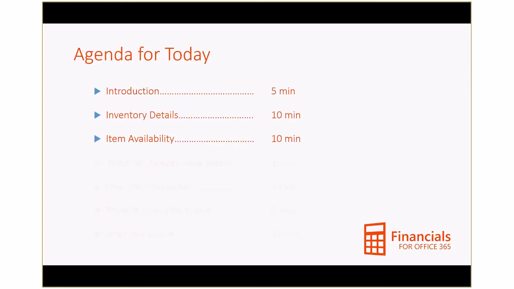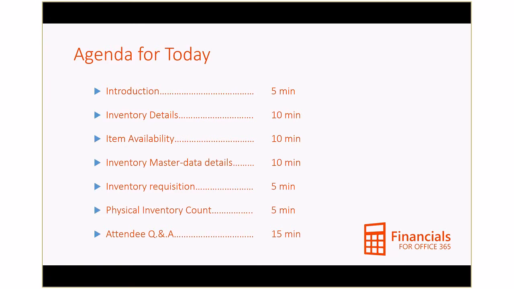So let's begin with the agenda today. You may have received the agenda through the invitation, but if you haven't, we'll have a quick recap. We're going to go through a discussion, then give you a quick look at the layout of Financials for Office 365, and then touch on the real nitty-gritty details. Inventory aspects such as the different contexts in which we can account for inventory within your system.